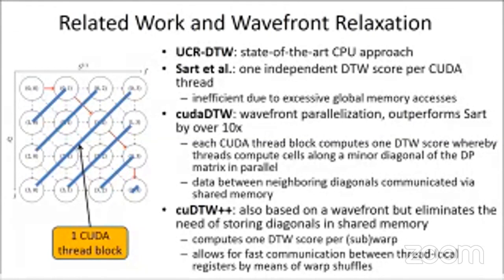And in this cudaDTW, each CUDA thread block computes one DTW score, whereby threads compute cells along the minor diagonal in parallel, and the necessary data transfer is done through shared memory. So in this work, cuDTW++, we also use a Wavefront, but we eliminate the need for storing intermediate values in shared memory.